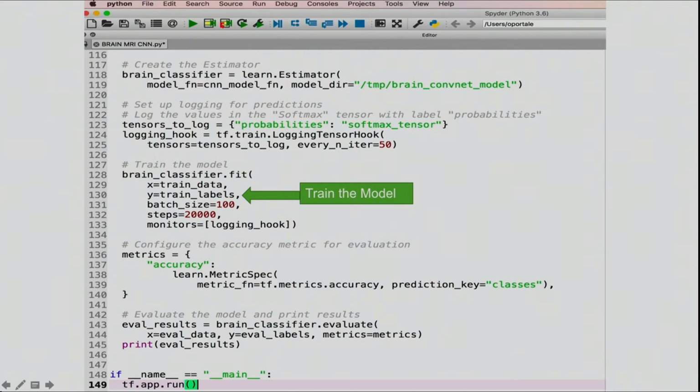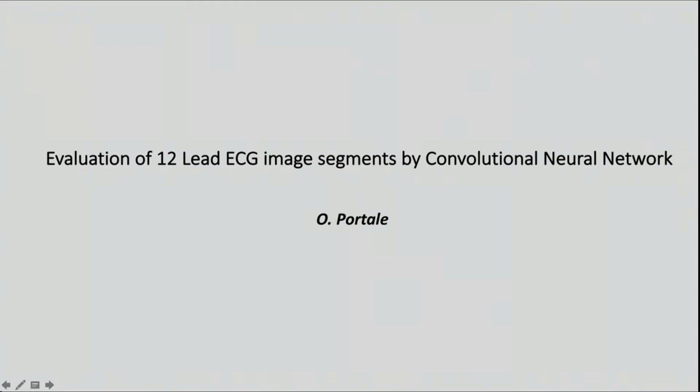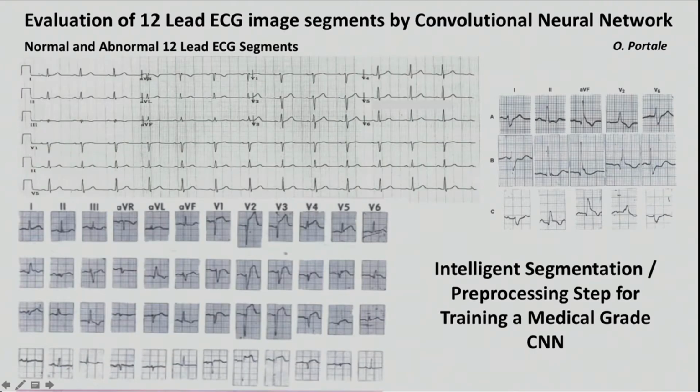Okay, now, the next example is the evaluation of 12-lead electrocardiogram image segments by convolutional neural network. So you're, I'm sure, familiar with a 12-lead electrocardiogram. Those are the strips. These are patches that are put on patients.